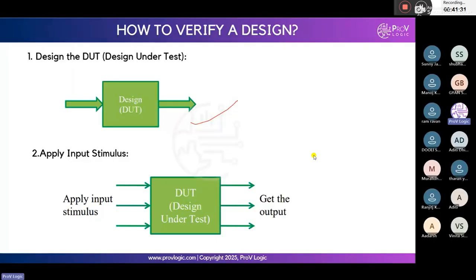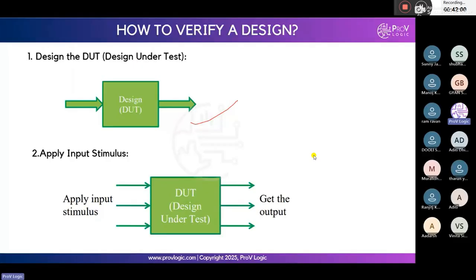If you go directly with SystemVerilog, obviously the first time you won't get the output. You will be getting a lot of errors. At that time you may get confused whether the error is coming from the design or the testbench. So to avoid that, if you first verify a design properly using a Verilog testbench, you will get 100% clarity that the design is working.